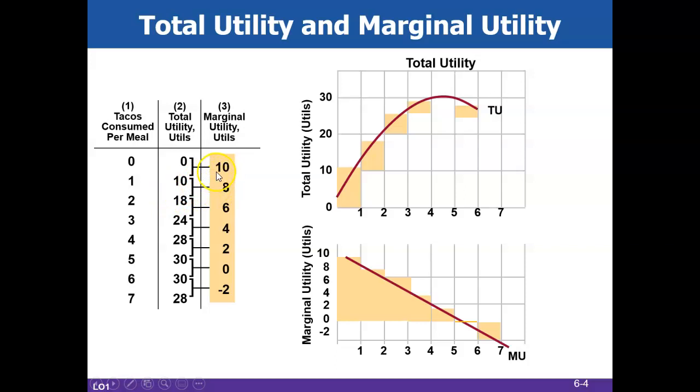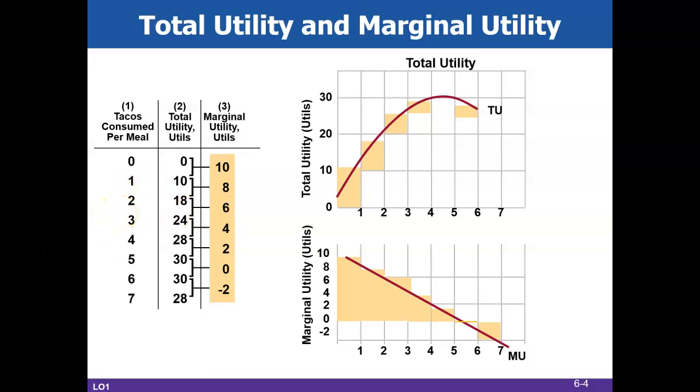You eat one taco, that first taco gives you 10 units of marginal utility, and as a result, you have 10 units of total utility. When you go to eat the second taco, it yields you 8 units of additional utility. So in total, you now have 18. Then the third taco gives you an additional 6 utils. Now you have a total of 24.